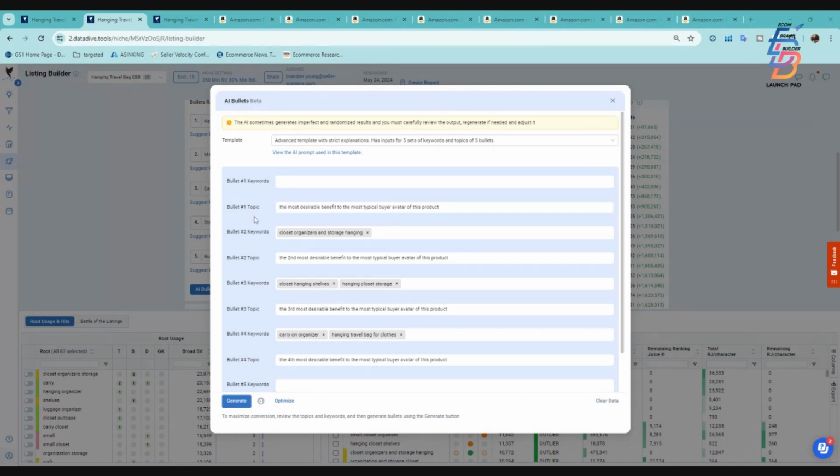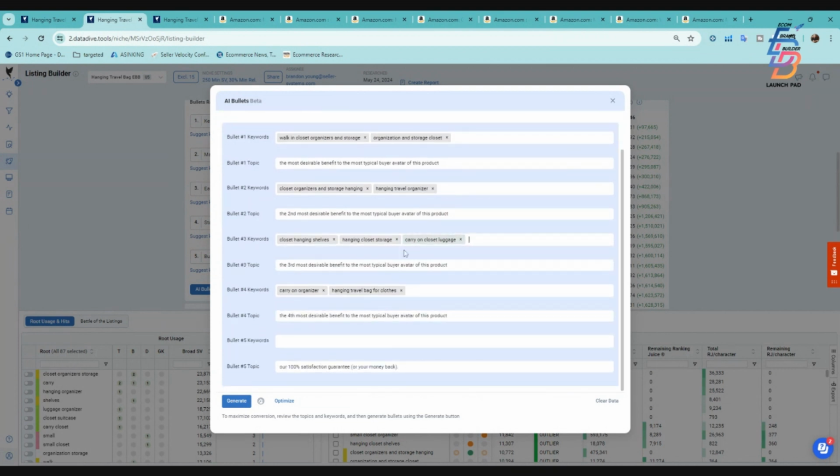And if I put these keywords in here that it gave me, carry on organizer, yeah.